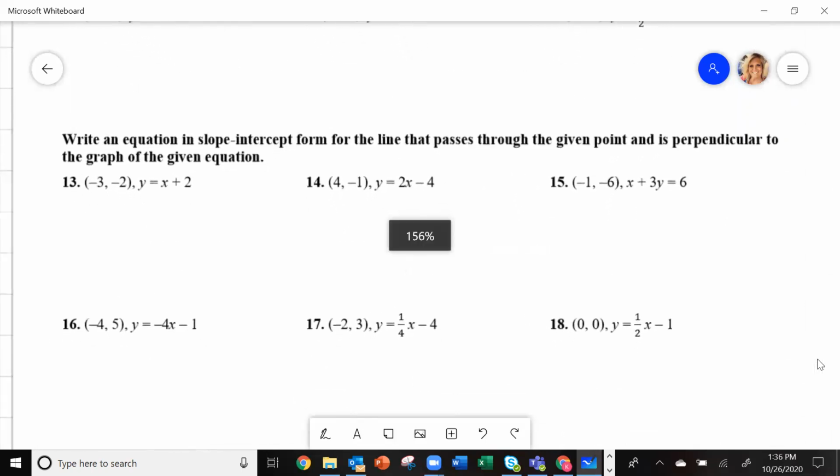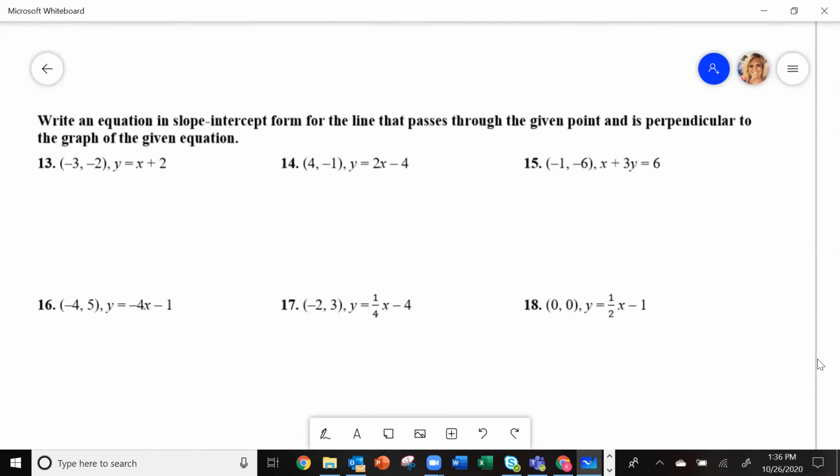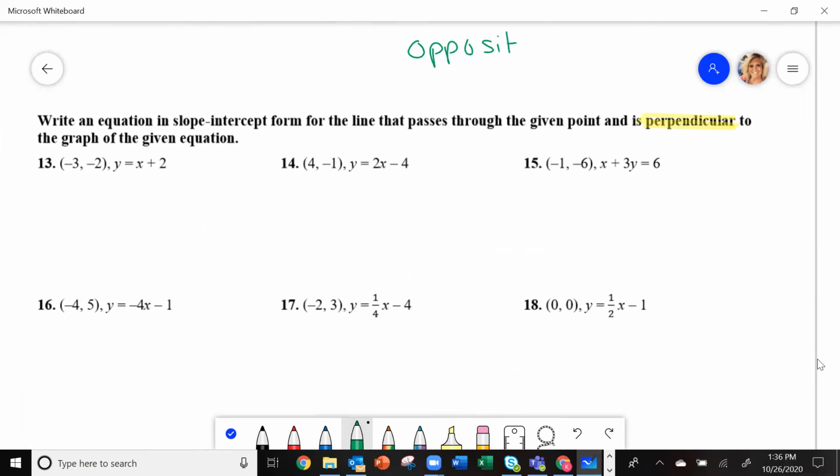All right, the next 6 are talking about perpendicular. When lines are perpendicular, the slopes are going to be the opposite reciprocal. Okay, so we'll talk about what that means in just a second.